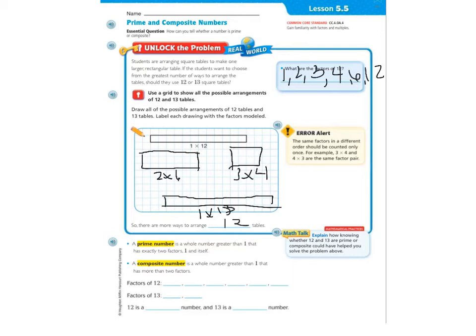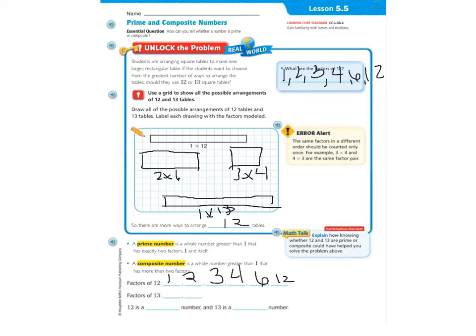So again, it reminds us a prime number is a whole number greater than 1 that has exactly two factors, 1 and itself. A composite number is a whole number greater than 1 that has more than two factors. So again, it's having us list the factors of each number. So the factors of 12 we said are 1 and 12, 2 and 6, and 3 and 4.